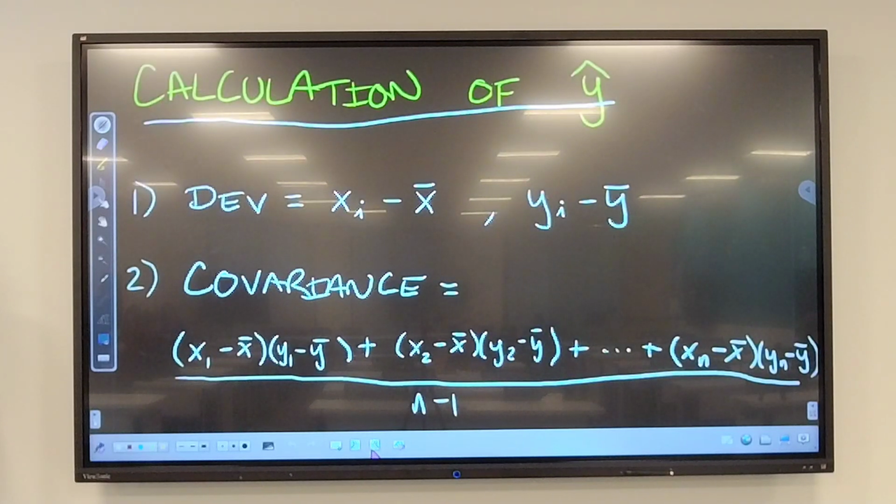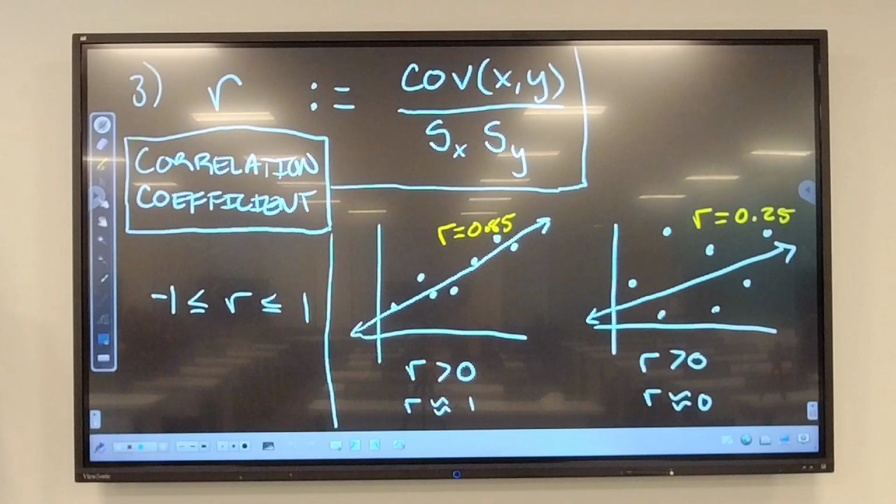We had to introduce this thing called covariance in order to give a meaning for this R value. We are not actually going to compute an R value by hand. It's too involved, too many opportunities to make a mistake. It's possible, that's the formula, but we're not going to.